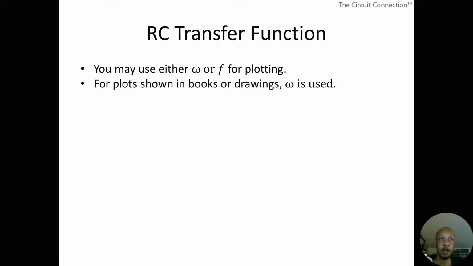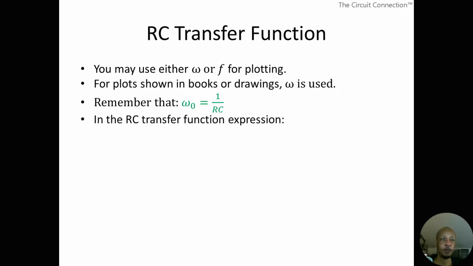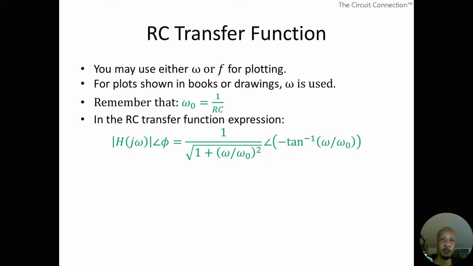For plots shown in books or drawings, omega, which is W, is usually used. Remember that W0 equals 1 over RC for this particular circuit. This is your RC transfer function expression here.